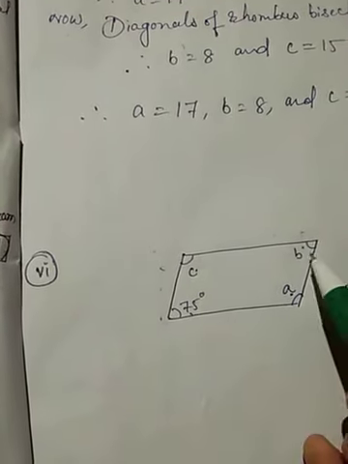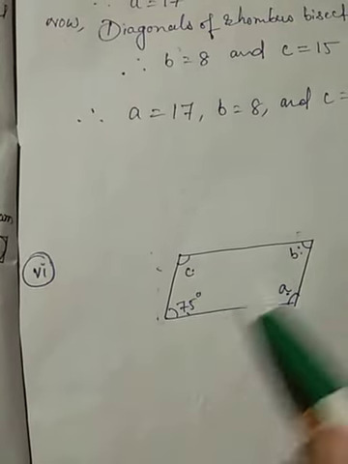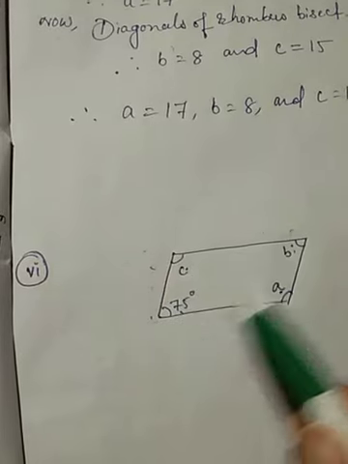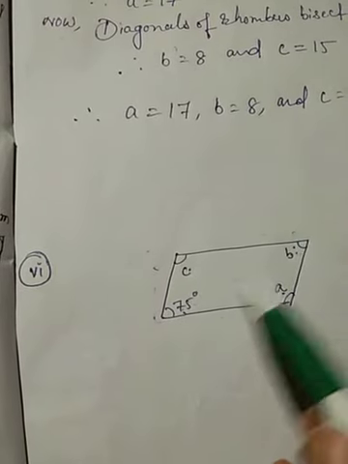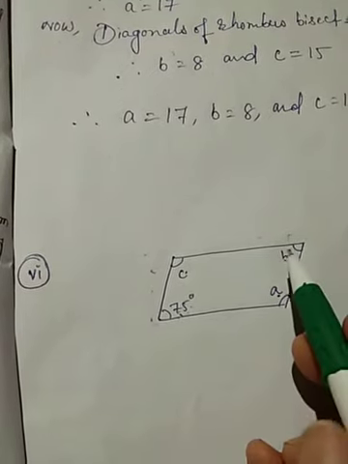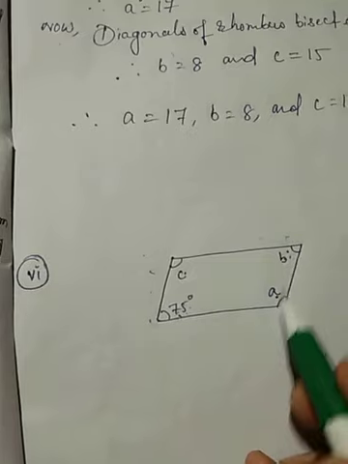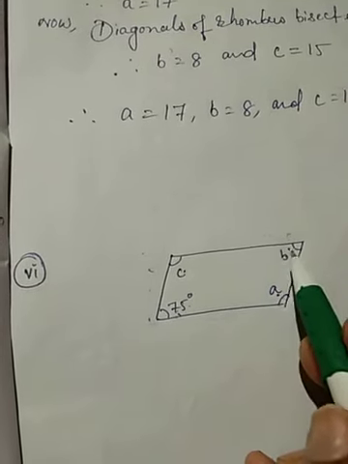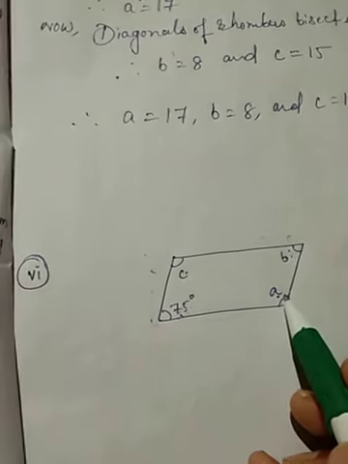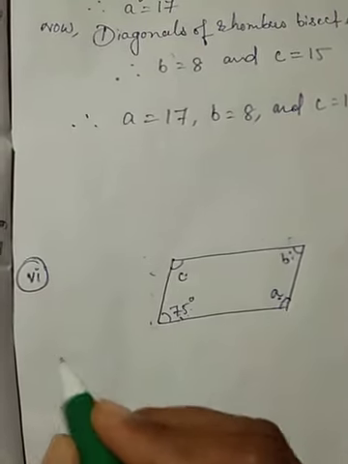From this value we find the value of b, because opposite angles of parallelogram are equal. That means b equal to 75 degree. If we find b, then we also find a, because these two are adjacent angles, and sum of these two angles is 180 degree. From these two angles we find the value of a. Now c.